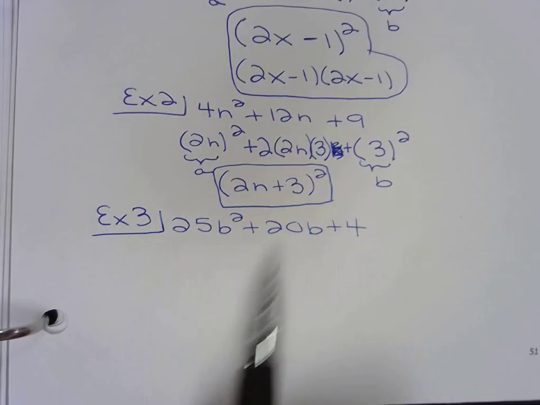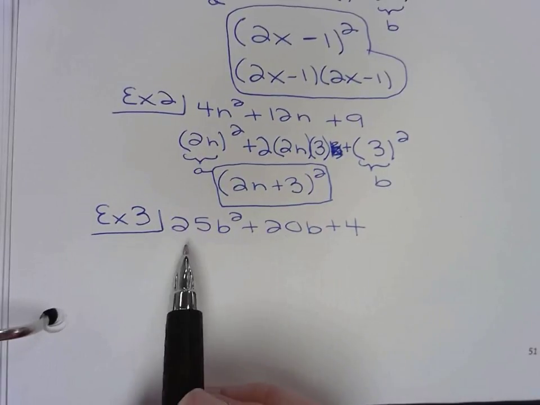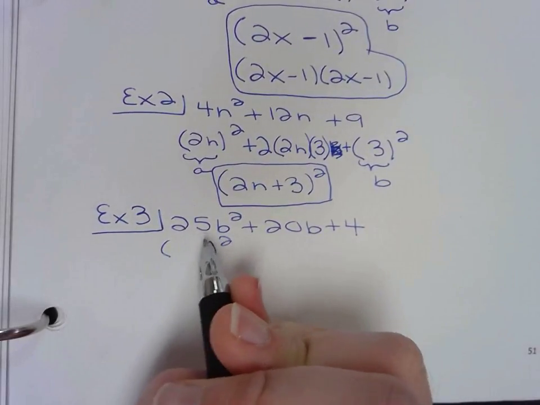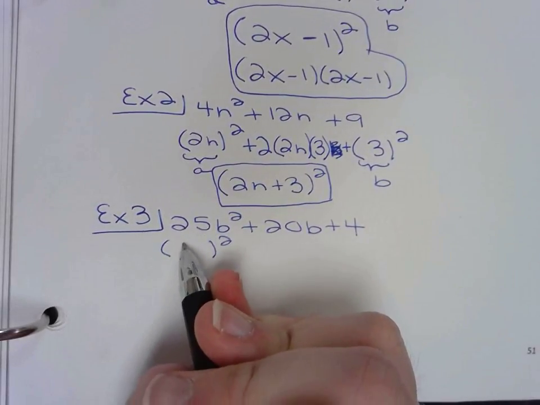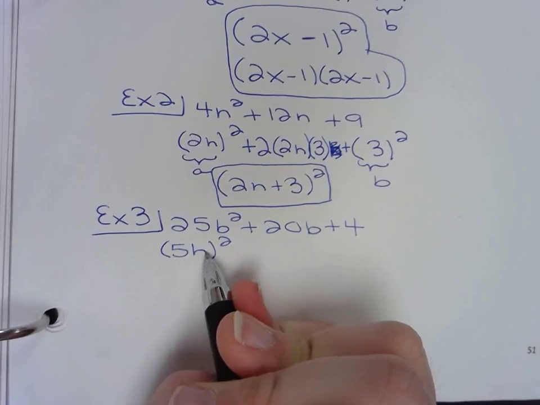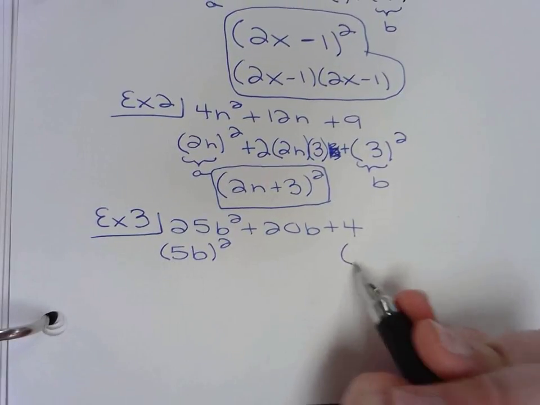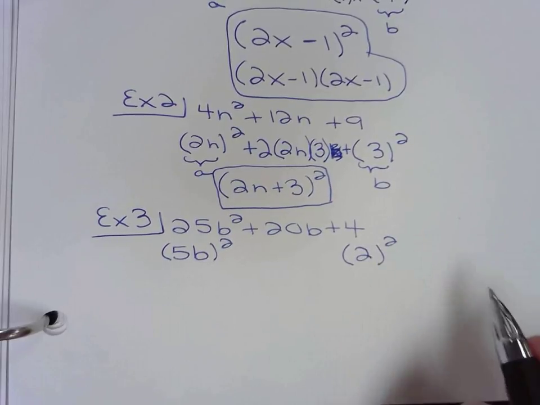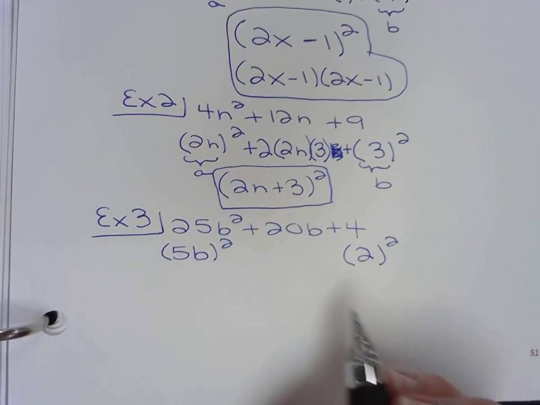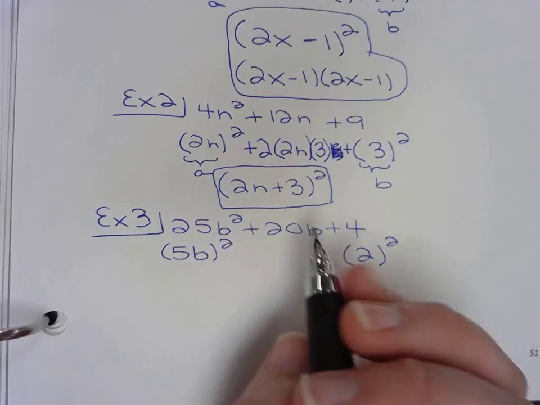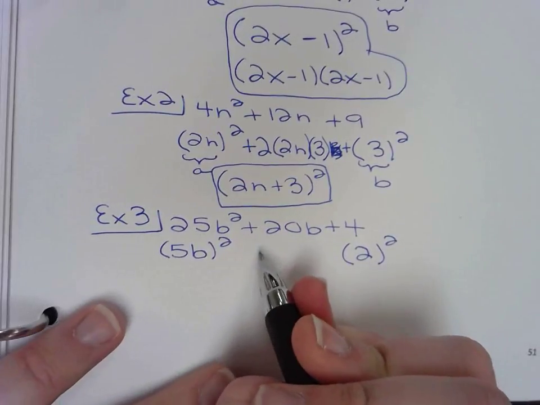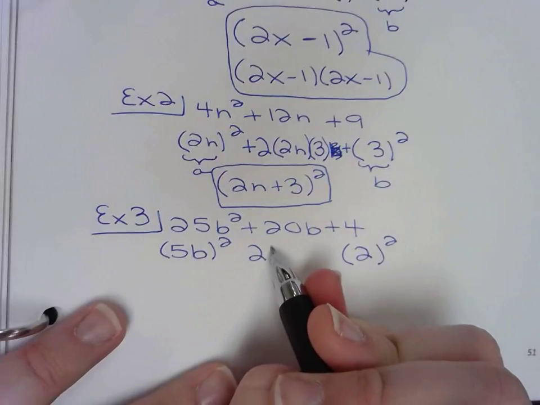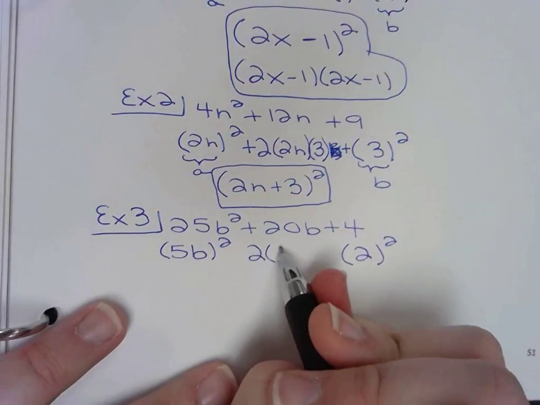Now I see I have a trinomial, and you notice the first and the last are perfect squares. So what squared gives me 25b squared? 5b. What squared gives me 4? 2. So then we need to check, is the middle term the same as 2ab? So 2 times a, what's a? 5b.